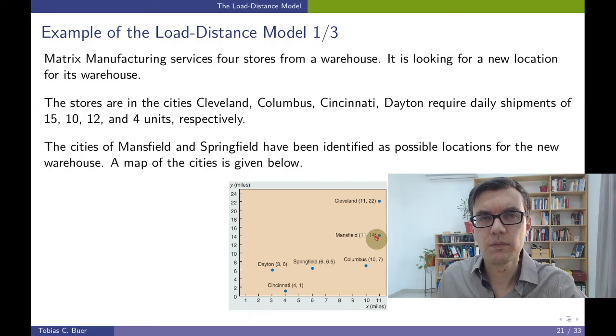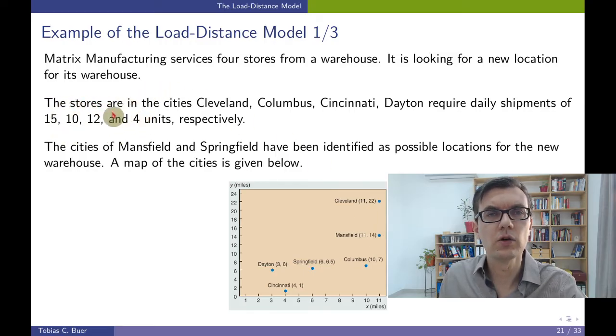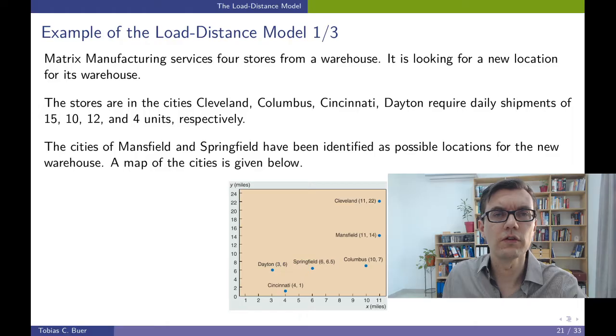The second step would be to identify the loads. In this example, the loads are already given. These are the loads that need to be transported to the 4 different stores. Then we calculate the score and decide between Mansfield and Springfield who should get the warehouse.